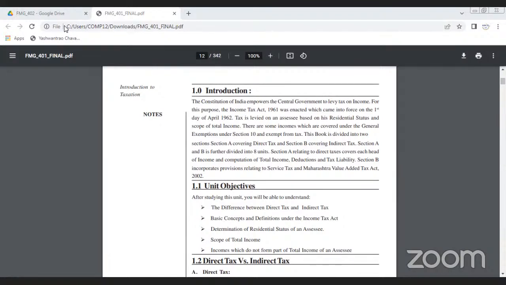There are some incomes which are covered under general exemption under section 10. This book is divided into two sections. Section A covers direct taxes.